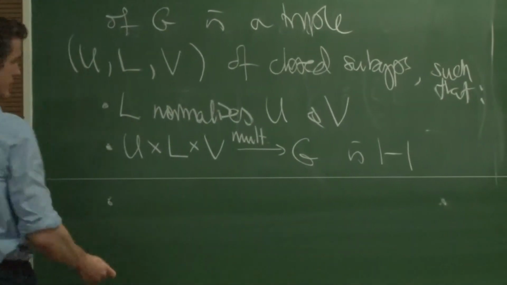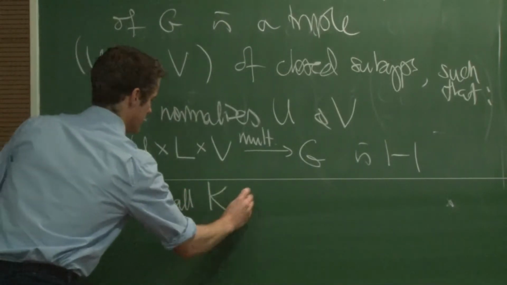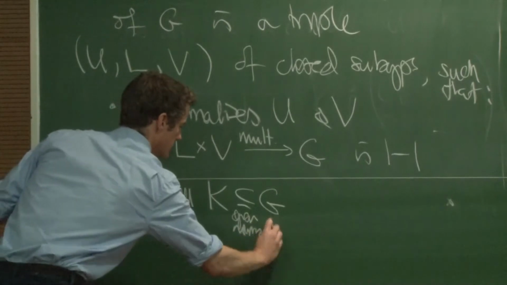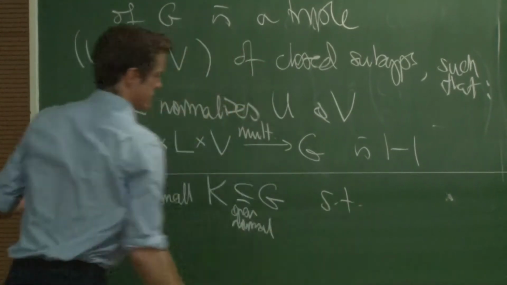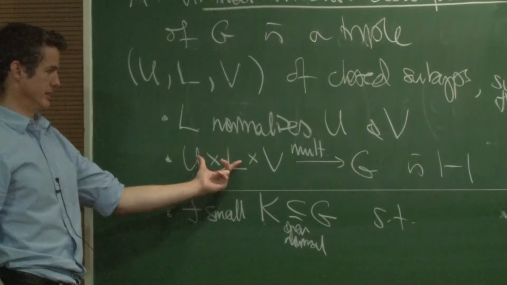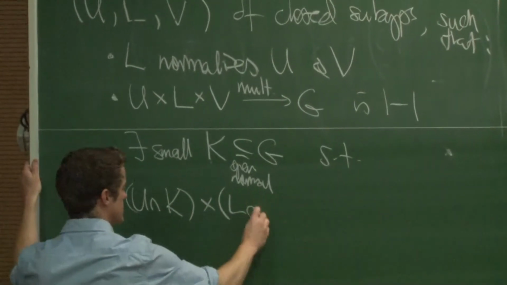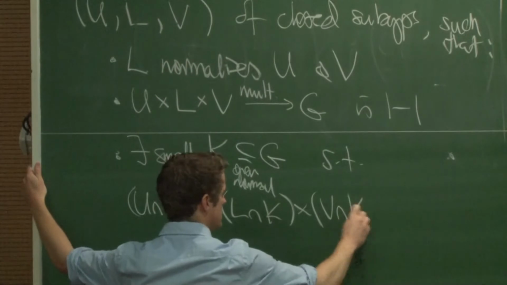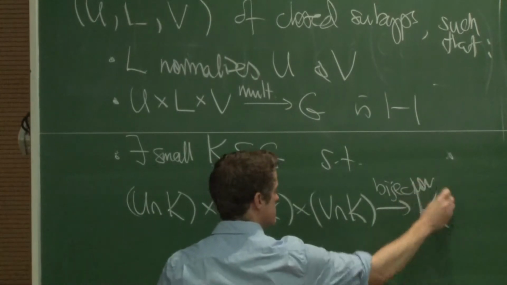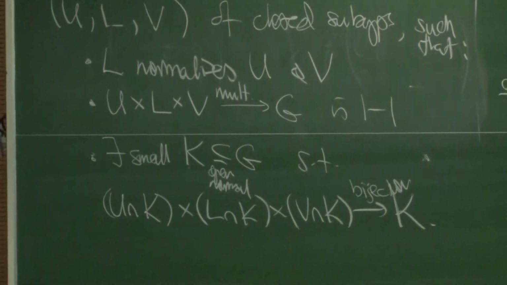Okay, so the third point is that there exist small, arbitrarily small, open normal subgroups of G, such that if I intersect U, L, and V with this open normal subgroup K, and then do this product, then the result is exactly K. So there exist small open normal subgroups which have an actual Iwahori decomposition in these three groups.